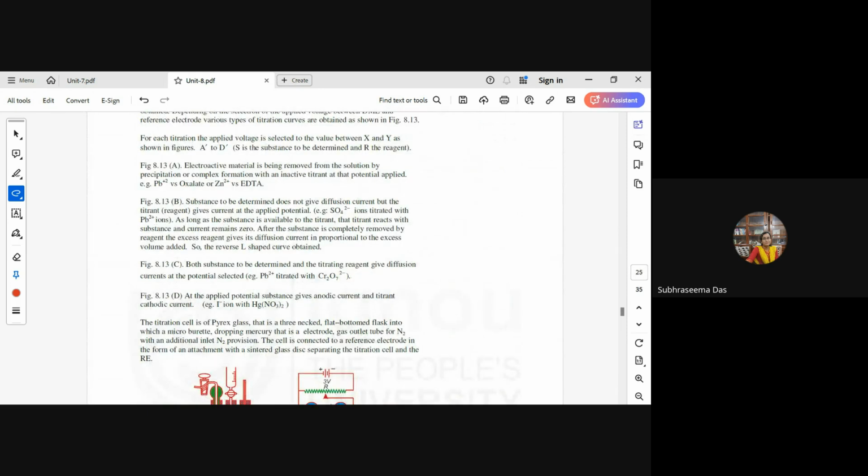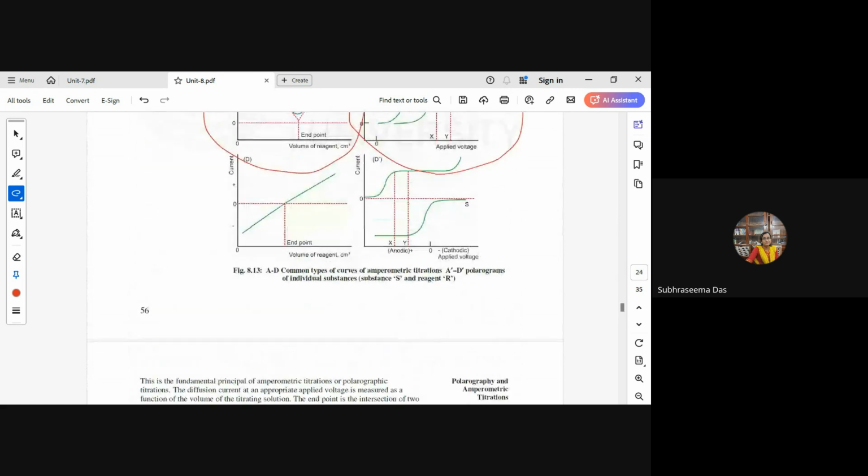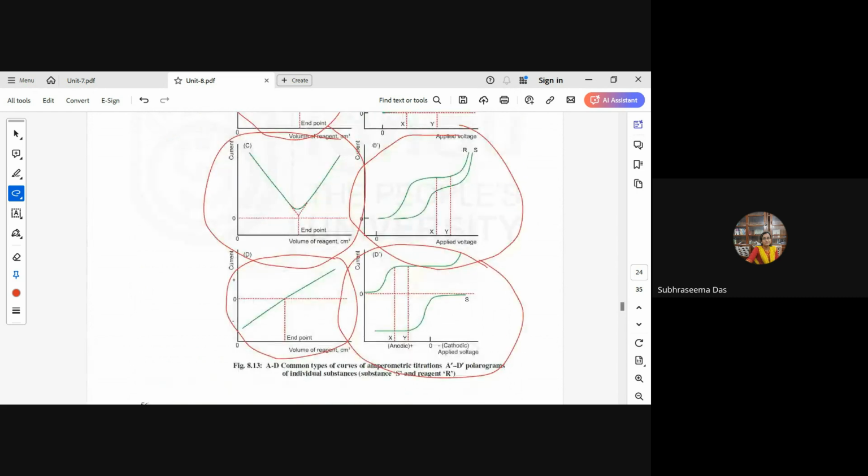In figure 8.13d, at the applied potential, the substance gives anodic current and the titrant gives the cathodic current. That is, for example, if we talk about the titration of I- with mercury nitrate, we get a titration curve. The amperometric titration is shown in figure 8.13d, whereas the respective polarogram is shown in figure 8.13d'.